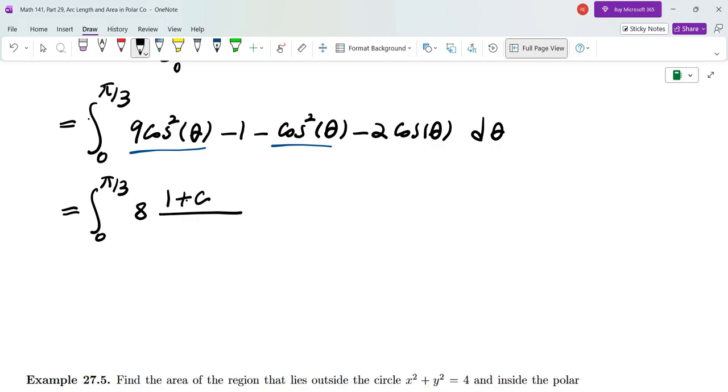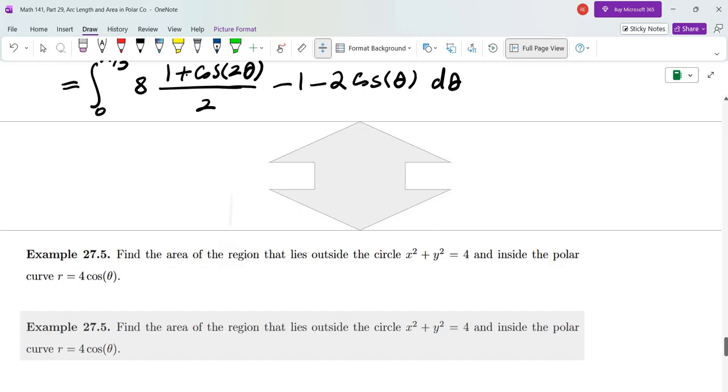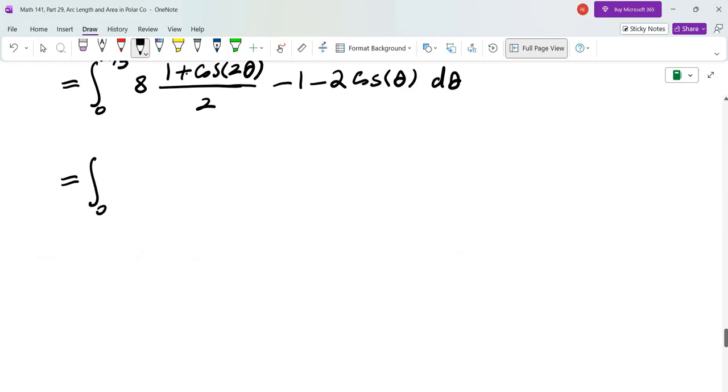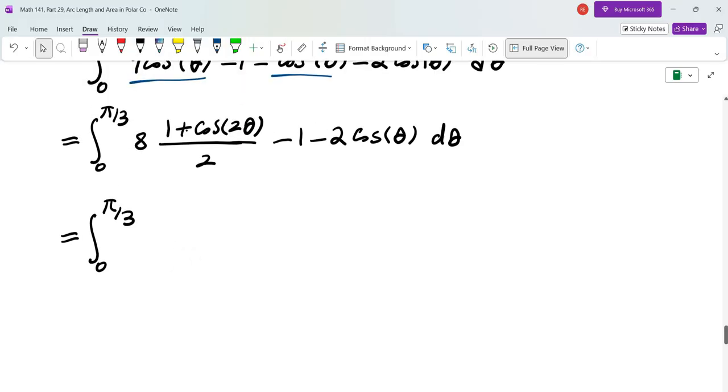Cosine squared is 1 plus cosine of 2 theta over 2, minus 1 minus 2 cosine of theta d theta. Let's go ahead and simplify. We get integral from 0 to pi over 3. So 8 over 2 is 4.